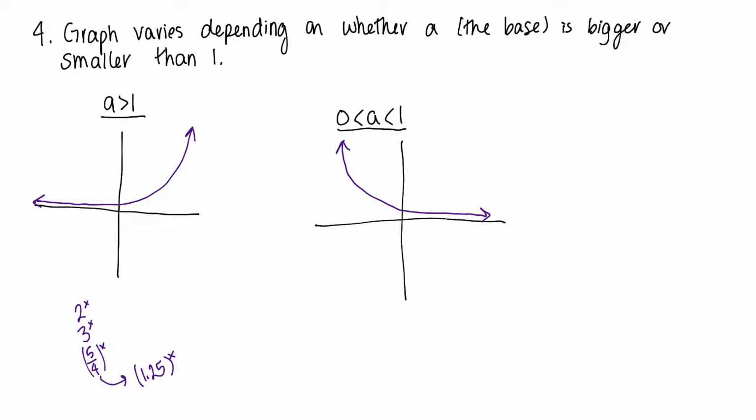These would be graphs like 1/2 raised to the x, or 2/3, that's less than 1, raised to the x, or I don't know, 0.71890201 raised to the x. That would have a graph that looked like this guy over here. So depending on whether your base is a number bigger than 1 or less than 1, the shape of your graph is going to change.